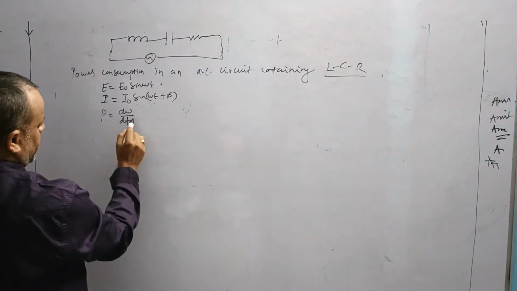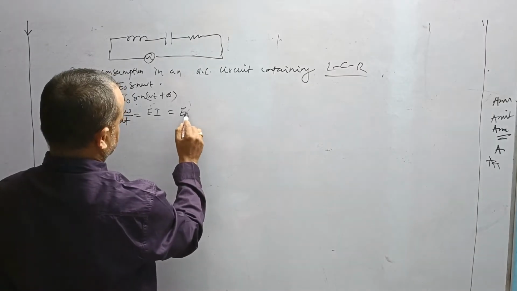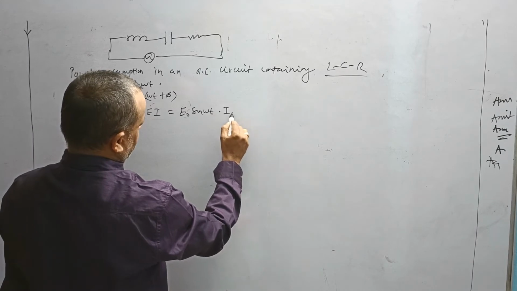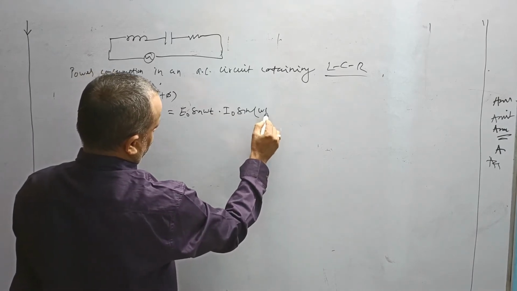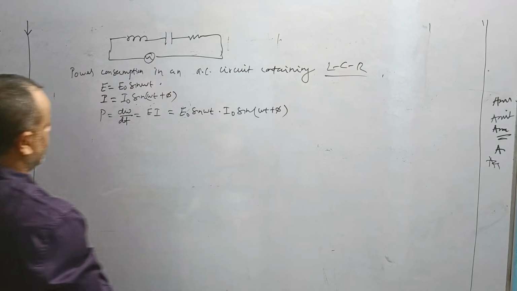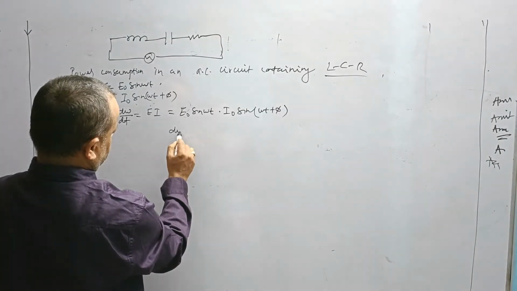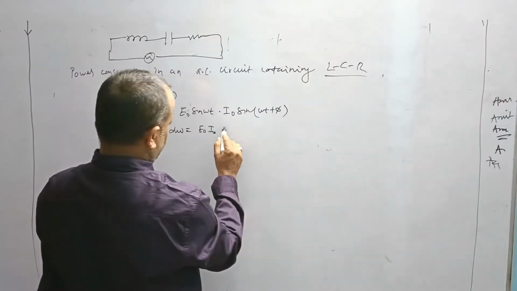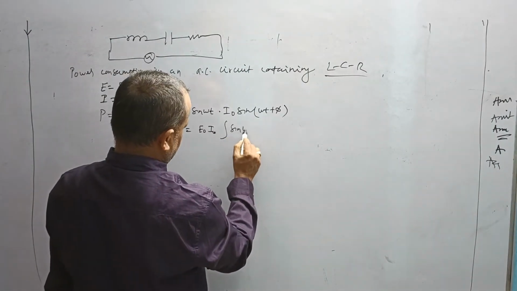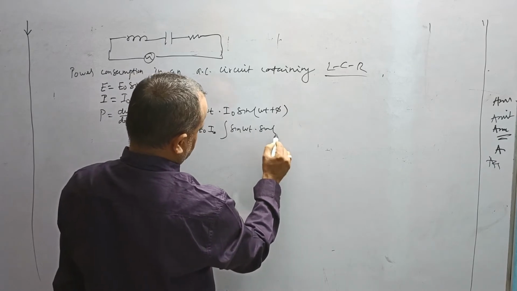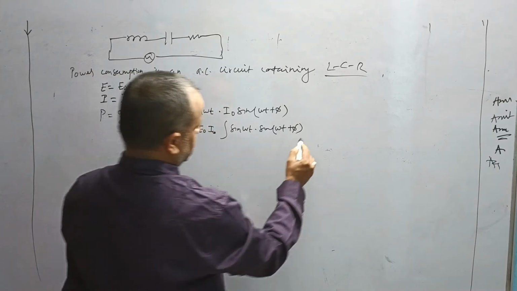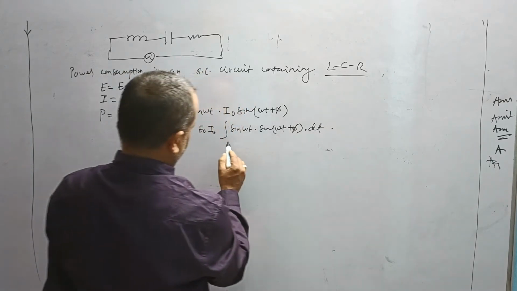It is delta W by delta T, and this is E into I. E can be written as E naught sin omega T, and I can be written as I naught sin omega T plus phi. Since we have to calculate the work done, we have E naught I naught, sin omega T, sin omega T plus phi, and we'll transfer this to this side to integrate.